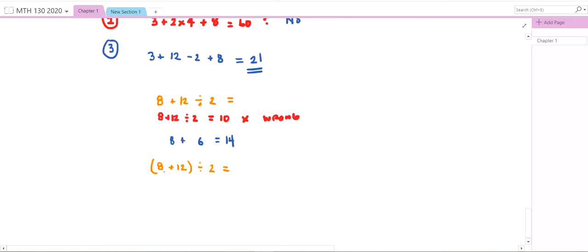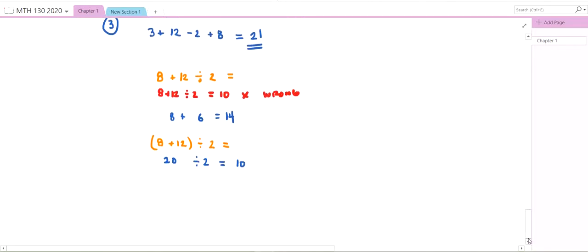So now we're going to force ourselves to solve this first. 20 divided by 2. This, in fact, does equal 10. So the same numbers can give us different results depending on the sort of symbols we see in the relationship. In particular, like if we see parentheses or not.